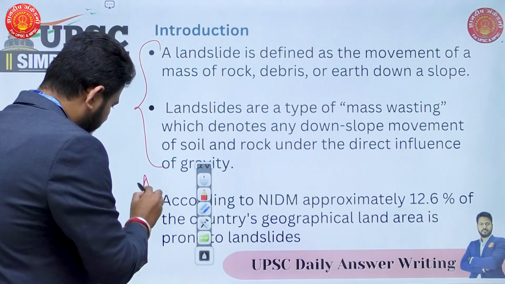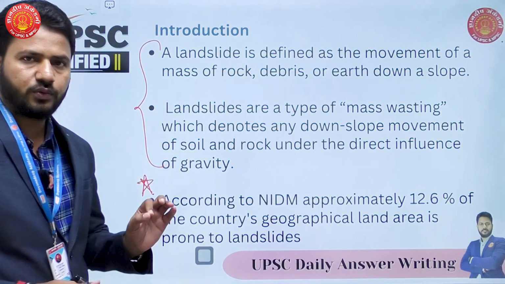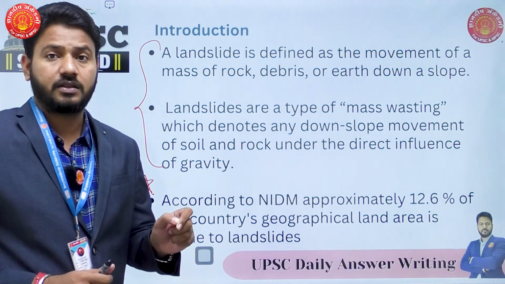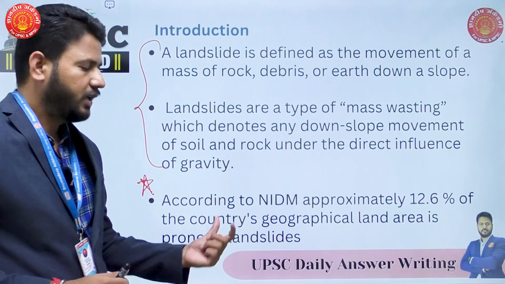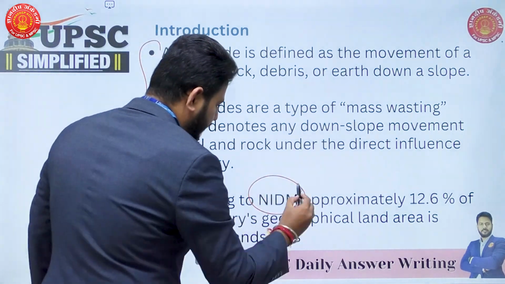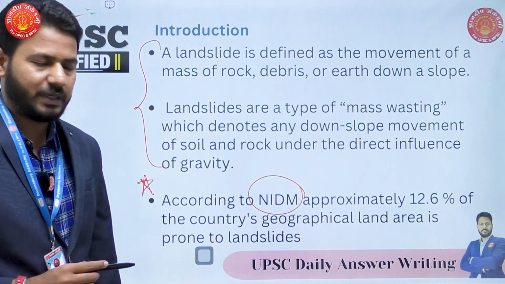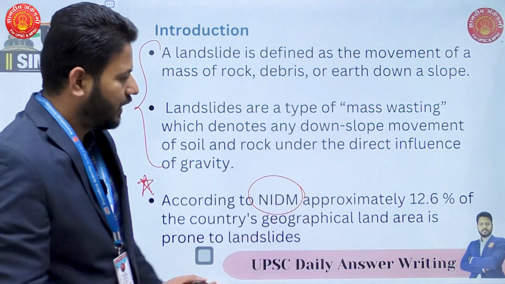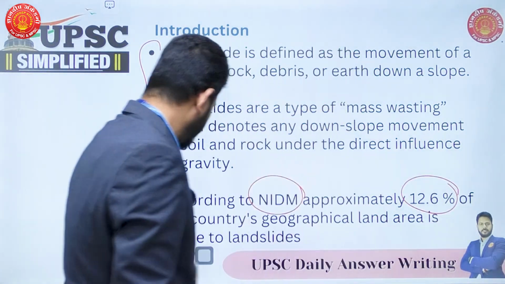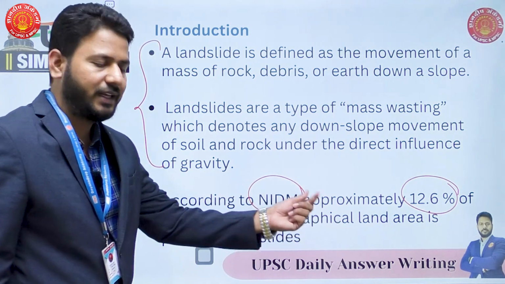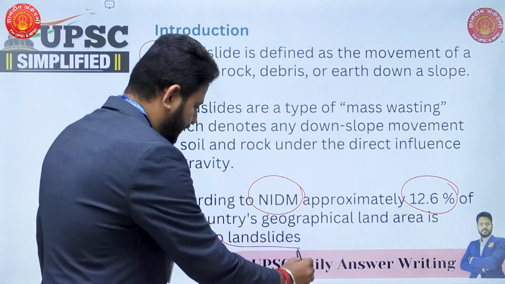Now this part I think is very important, and every student, when you're writing a question on disaster management, you should know this point. Now, according to NIDM, what is NIDM? National Institute of Disaster Management, approximately 12.6% of India's geographical land area is prone to landslides.